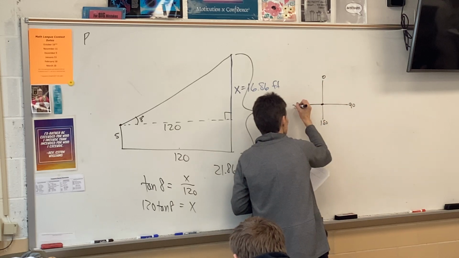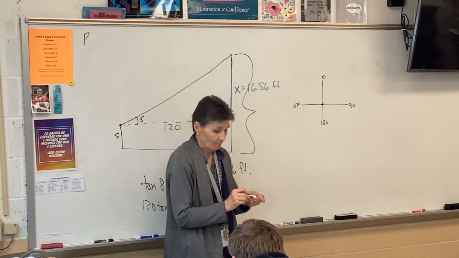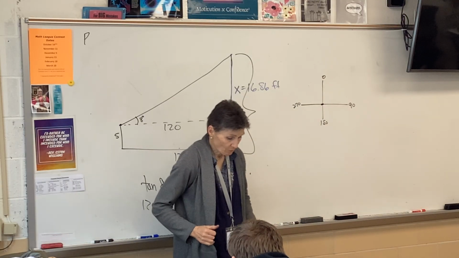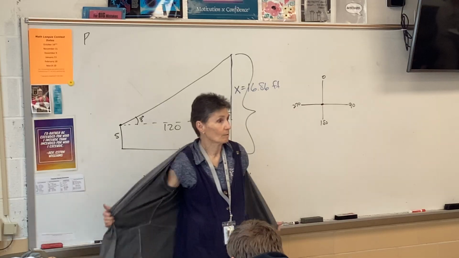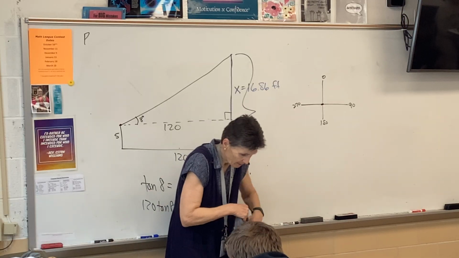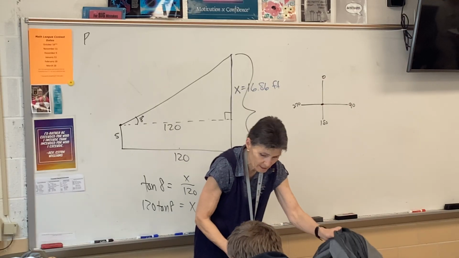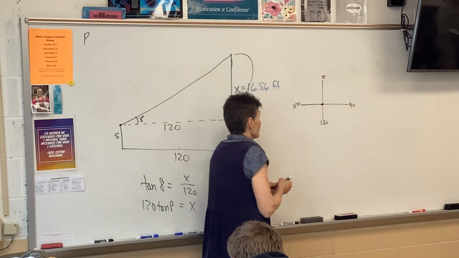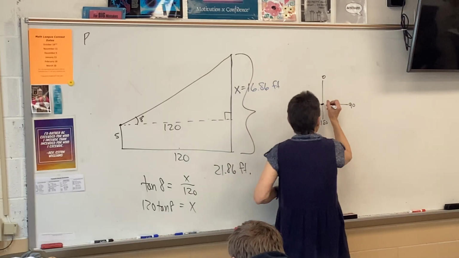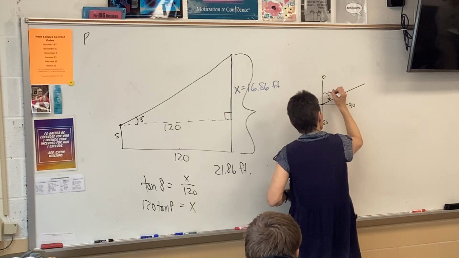We haven't talked about this in a while, but those are your labels on a compass. Those are not the labels we use in regular math, but on a compass, that's what we use. All right, he's on a course of 53 degrees. So would you agree that 53 degrees would be kind of like this?